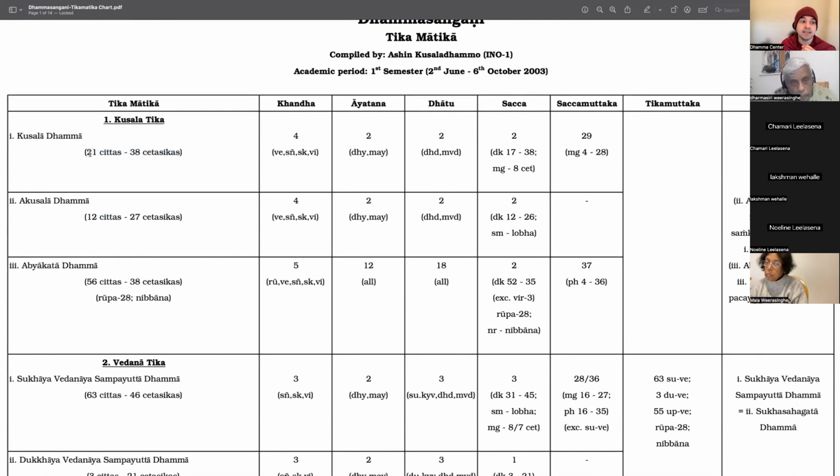However, kusala dhamma, we find in the satcha, is dukkha satcha. What does that mean?